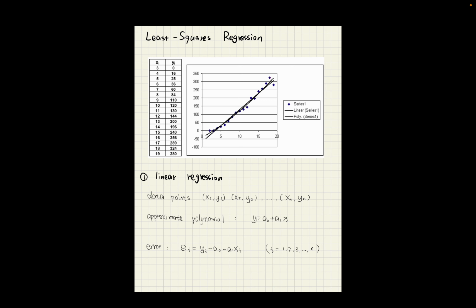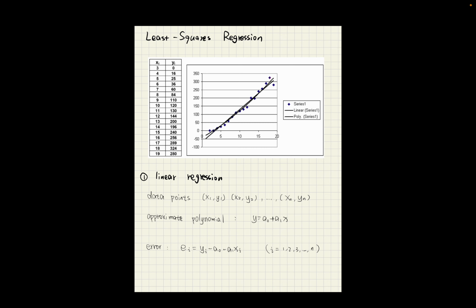So after we plot them on this plane, we can see that if we draw a straight line like this, let's call it linear series 1, we are kind of passing through the most points, so that we say we have done a regression for all these data points.